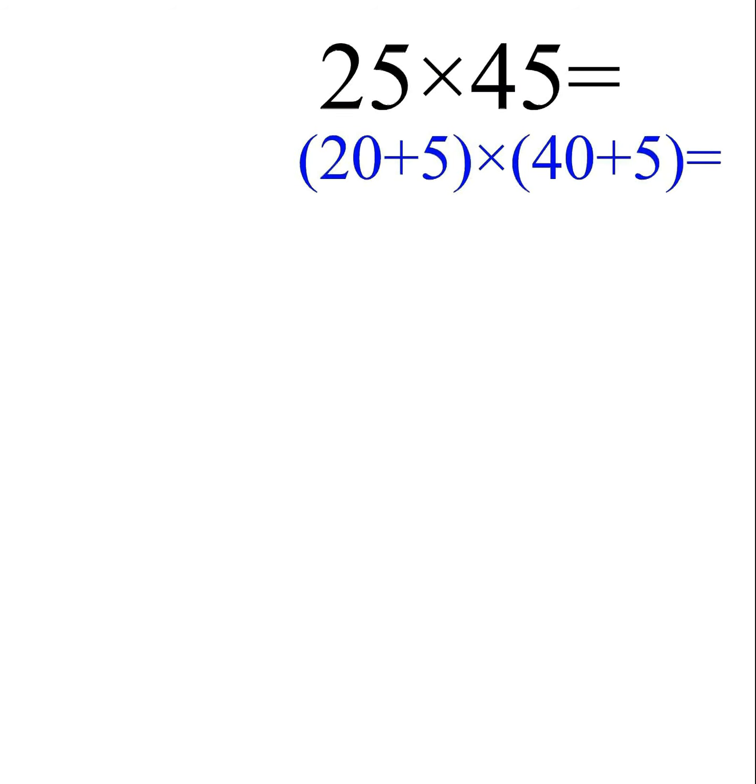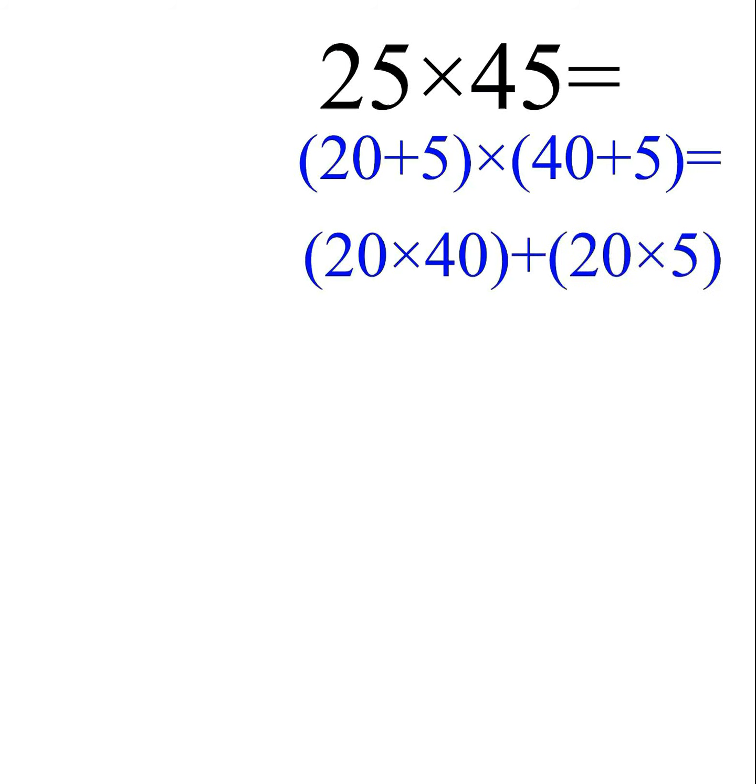Now, if we use the distributive property a couple of times, we could write it as 20 times 40 plus 20 times 5 plus 40 times 5 plus 5 times 5, which is 25.